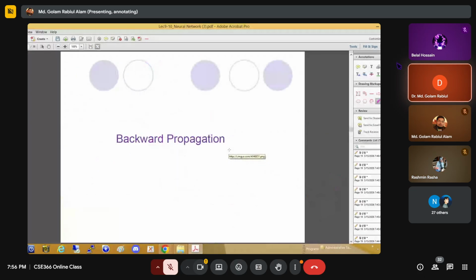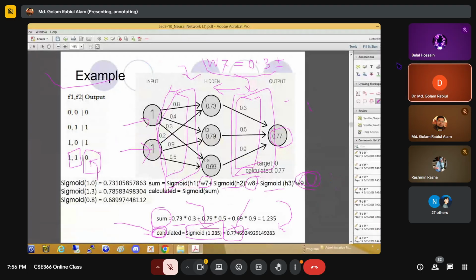In our forward propagation, we can see there is the sigmoid of H1, this is sigmoid of H2. So sigmoid of H1 is the hidden result of hidden neuron 1, and the hidden results of hidden neuron 2, hidden neuron 3. We have computed those values by applying the sigmoid function on our hidden layer values.